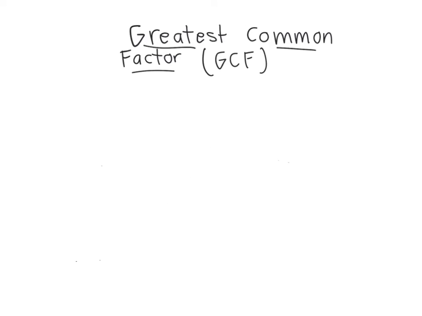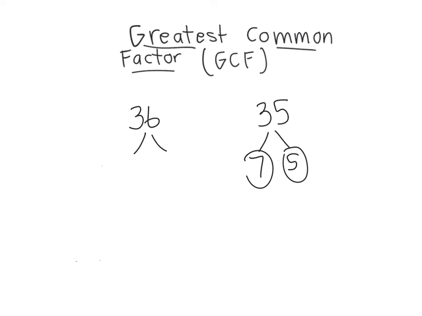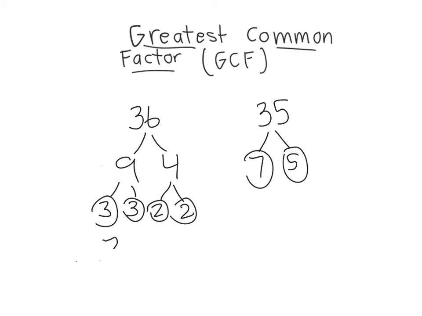All right, let's try it one more time just to be sure we've got it. Okay, let's go with 36 and 35. 35 is 7 times 5. 36 is 9 times 4, which is 2 and 2, and then 3 and 3. 3 times 3 times 2 times 2, and 7 times 5.